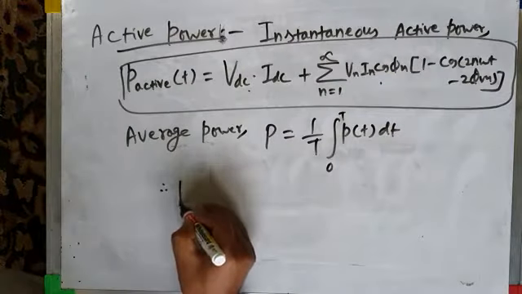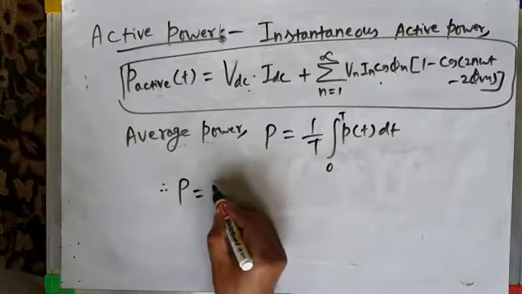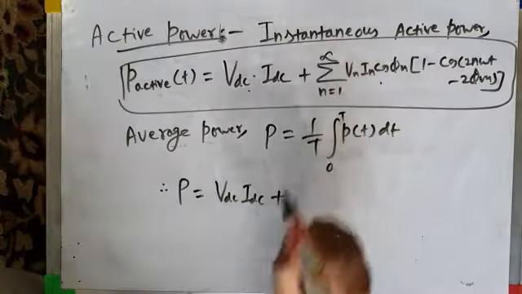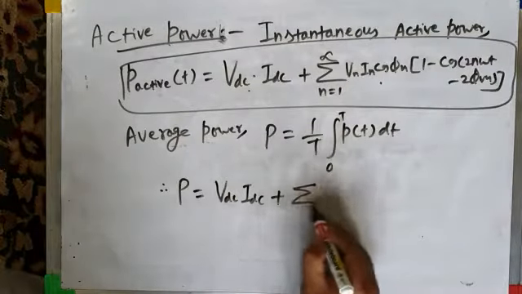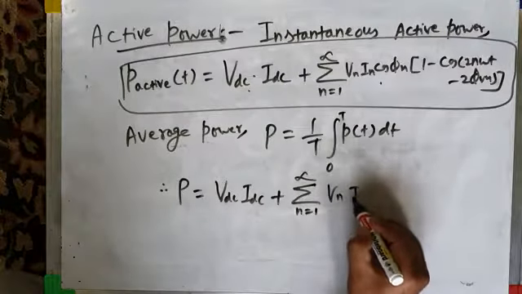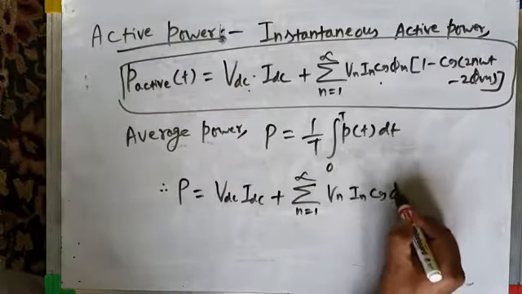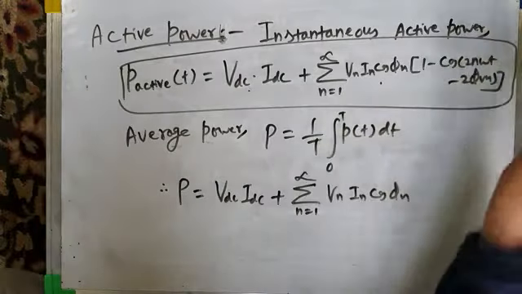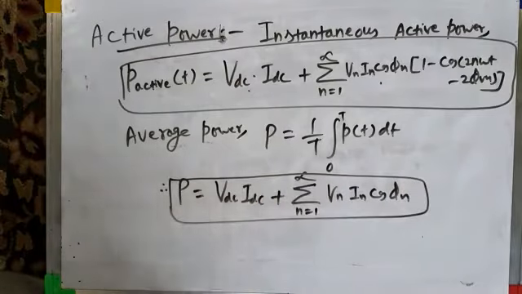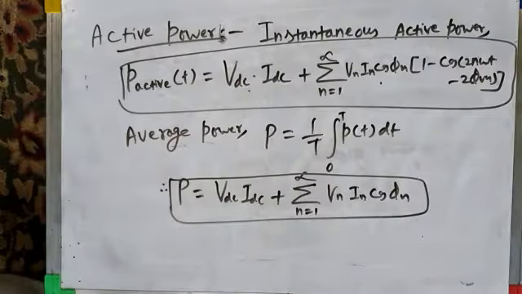Therefore, active power or average power is VDC IDC plus summation n equal to 1 to infinity Vn In cos phi n, because when you integrate, this term becomes zero. So this is the mathematical expression for average power or active power in the circuit.